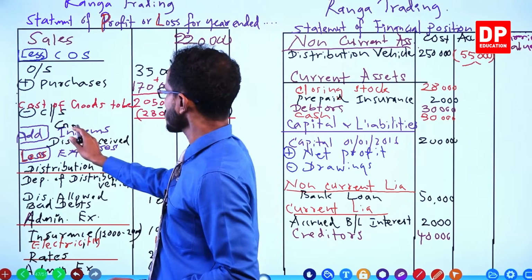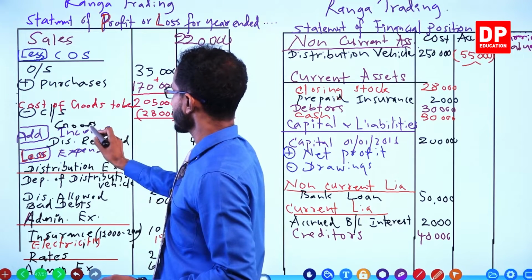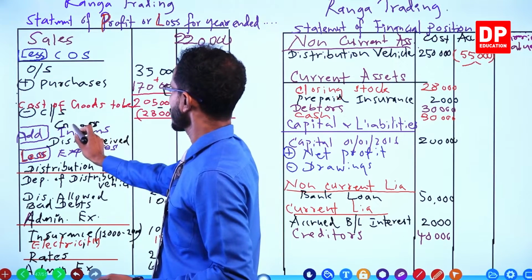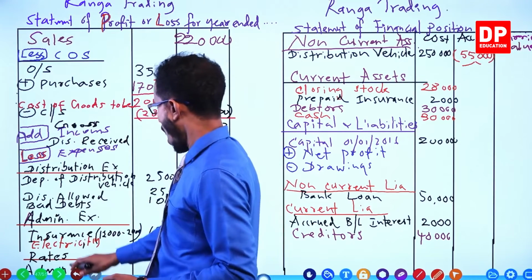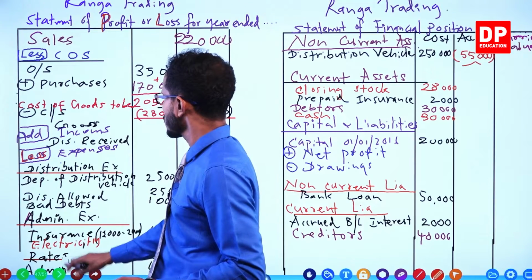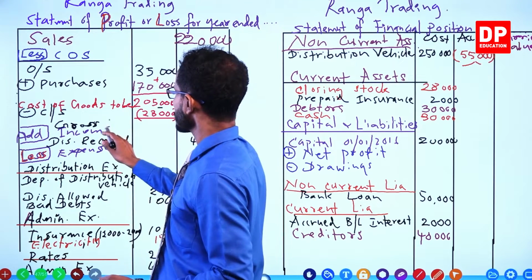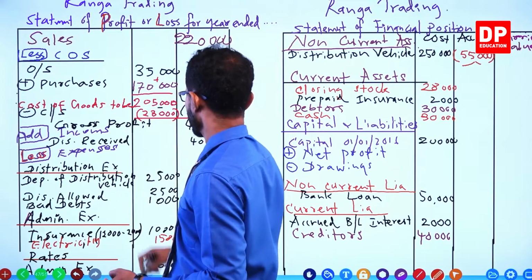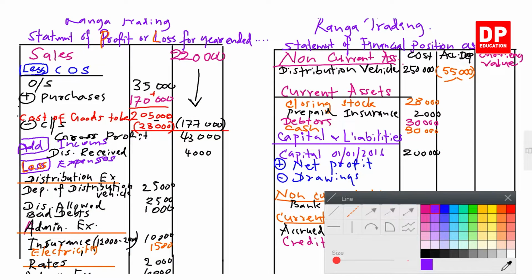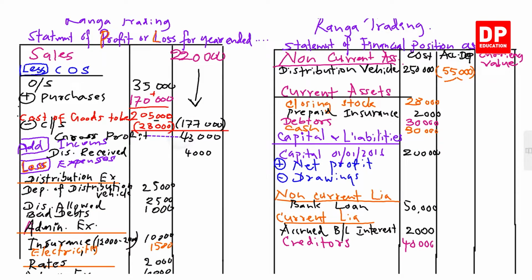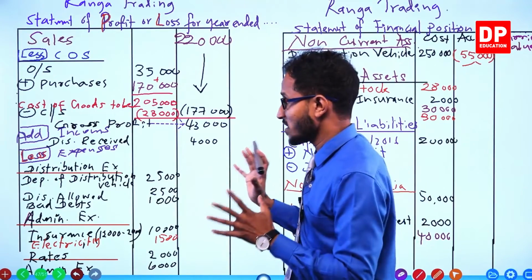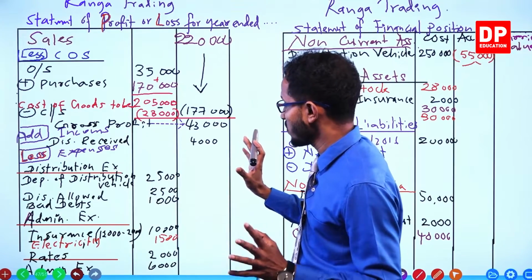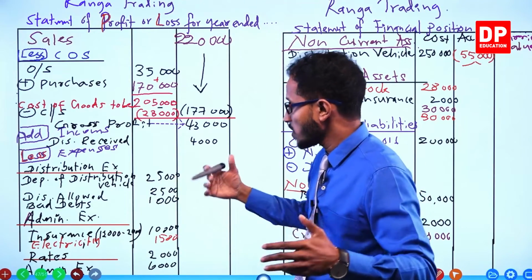I'll just write gross profit here. Very tight situation with very little space. But we are managing. We are going well. No worries. Let's move on.